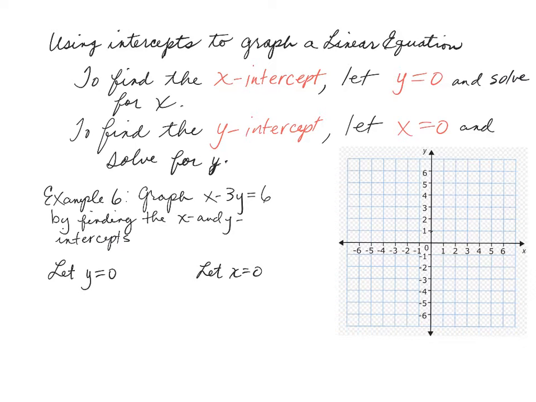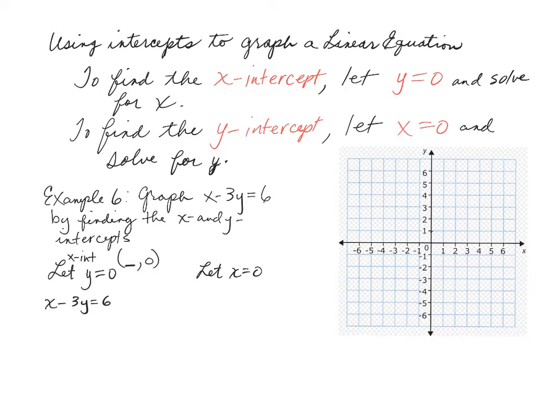Okay, so to find the x-intercept, we're going to let y equal 0. Because remember, the x-intercept has a y value of 0. We just need to find out what the x value is. So the equation that's given is x minus 3y equals 6.